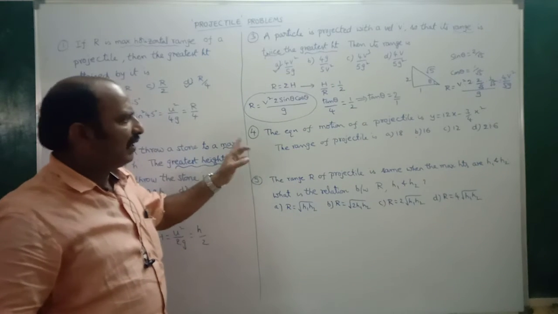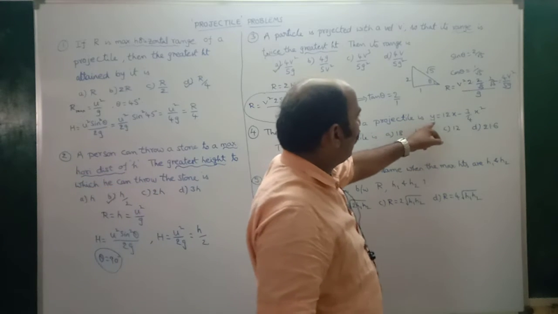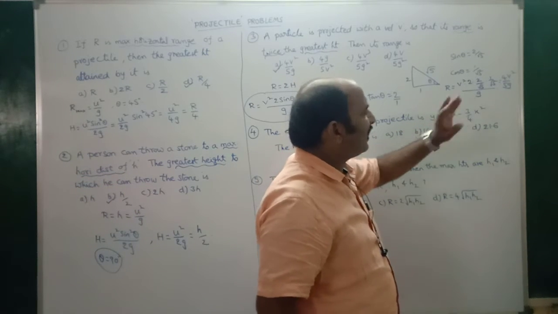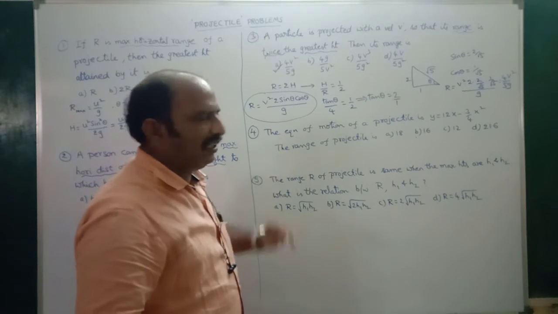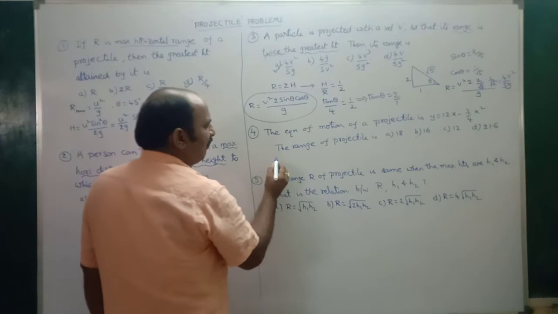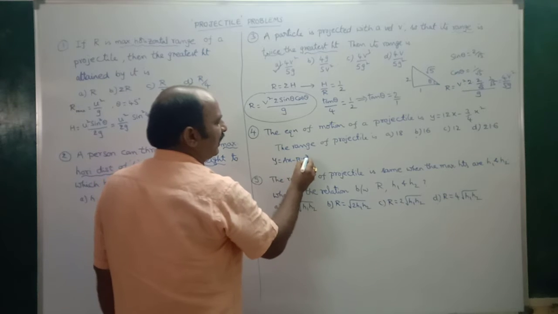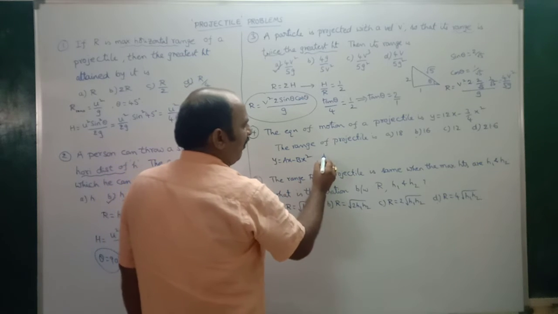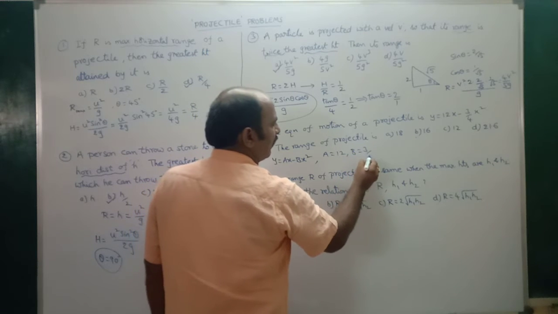Next see fourth one, a very simple problem. The equation of motion of a projectile is y is equal to 12x minus 3 by 4 x square. From that we find the range value. This equation is compared with the projectile equation y is equal to ax minus bx square. We write a value is 12 and b value is 3 by 4 here.